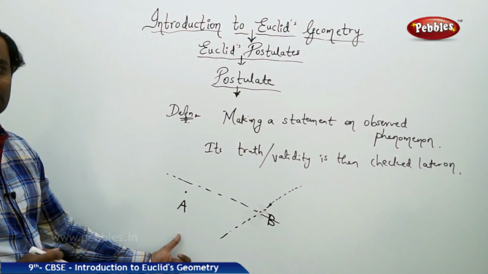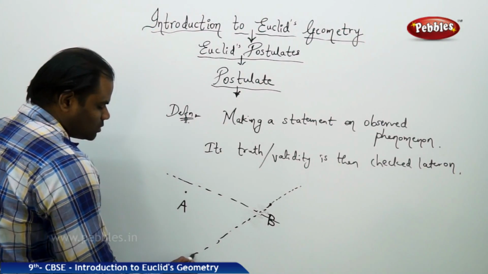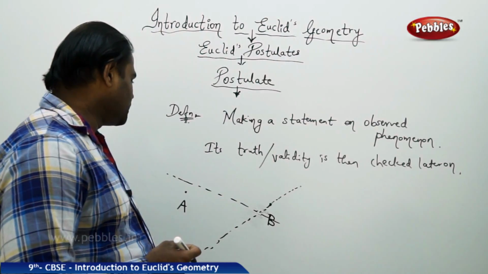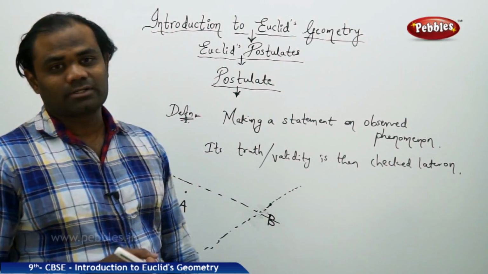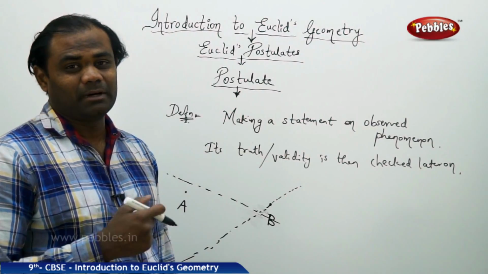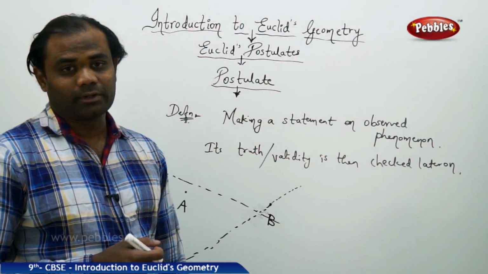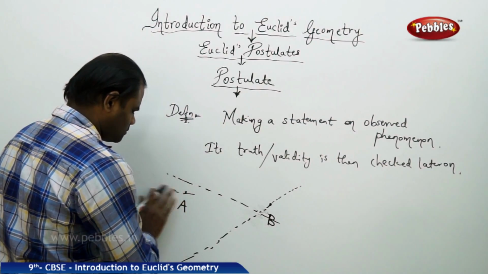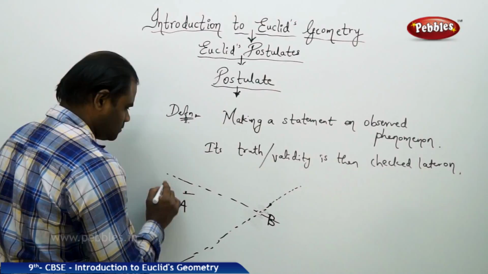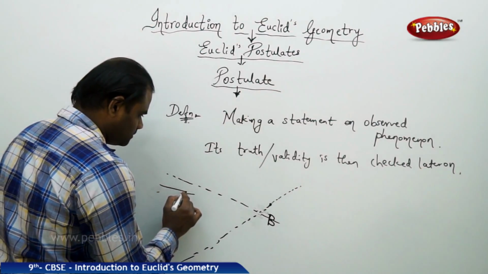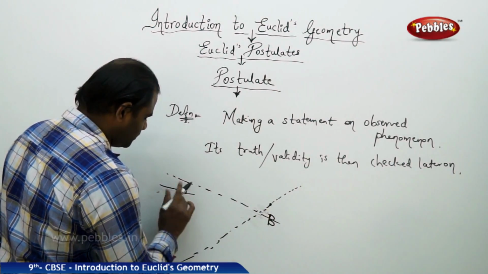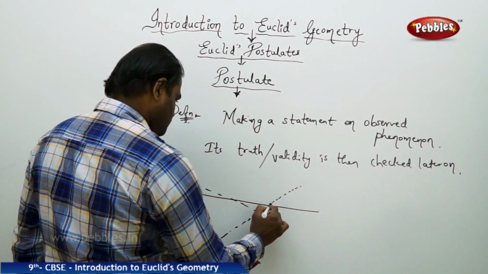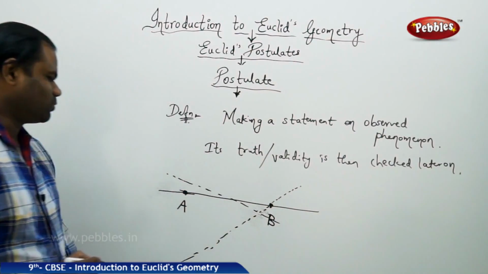This also does not pass through the other point. With these investigations, I wonder: is there any line which can pass through the 2 points, and how many such lines can pass through them? So as I see here, I come across a line which is said to pass through A and B.